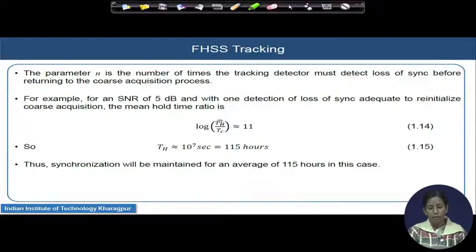So, if we can keep a value close to 11 for an SNR of 5 dB, then for 115 hours it is guaranteed that the synchronization will hold good.